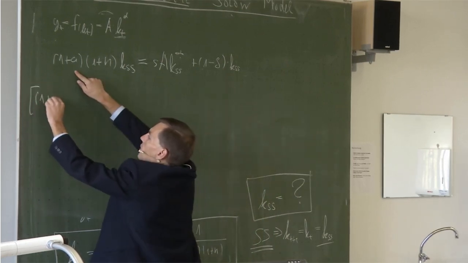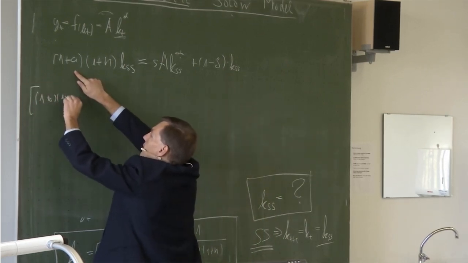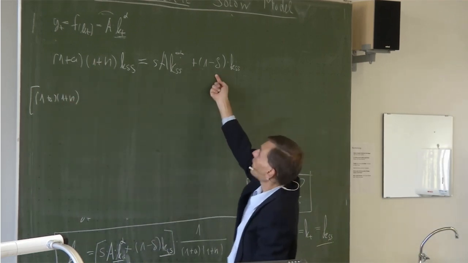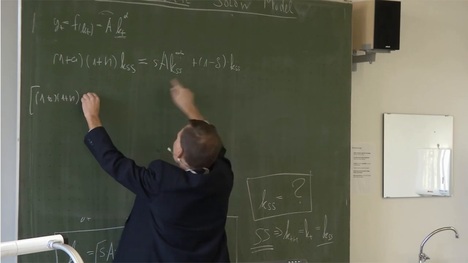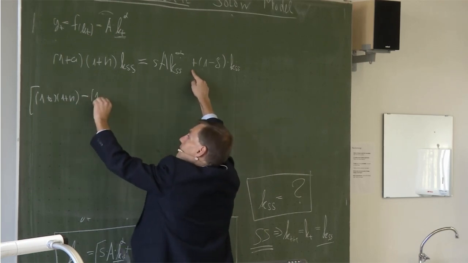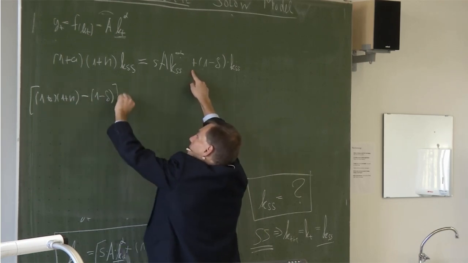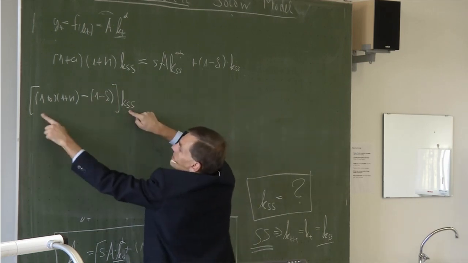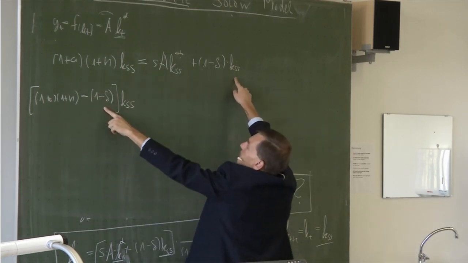So we have 1 plus a, 1 plus n. Then this is plus. If I move the whole term on the other side, it is then minus. And I bring the k steady state outside, right? It's k steady state for this and k steady state for this.